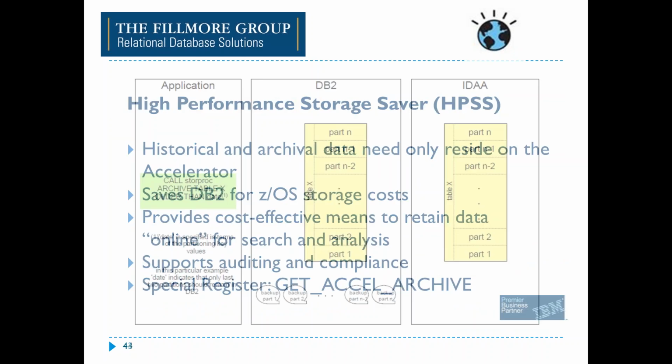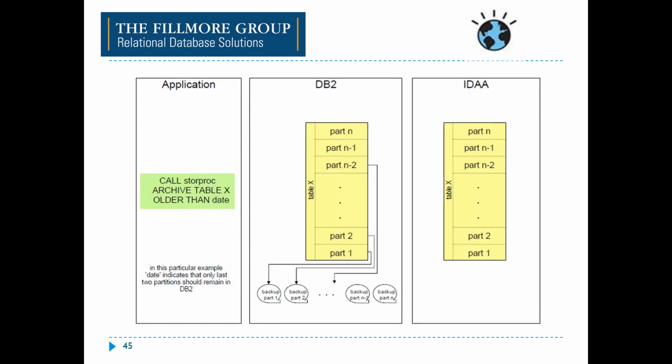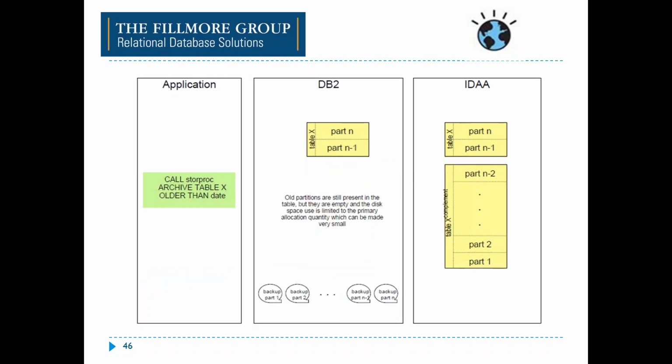There it is. Okay. When you archive in version 5, the partitions that are only going to exist in IDAA are going to be sent to image copies. You can see part N-2 all the way down to part 2 and part 1, the oldest partitions, so that they're going to be deleted from Db2 for z/OS.